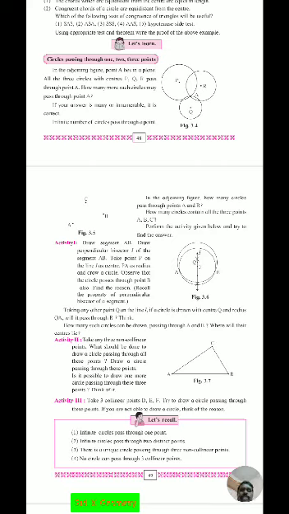These are the questions given in this figure. Passing through these 2 points, we can draw only one circle. And passing through these 3 points, if possible, we can draw a circle.